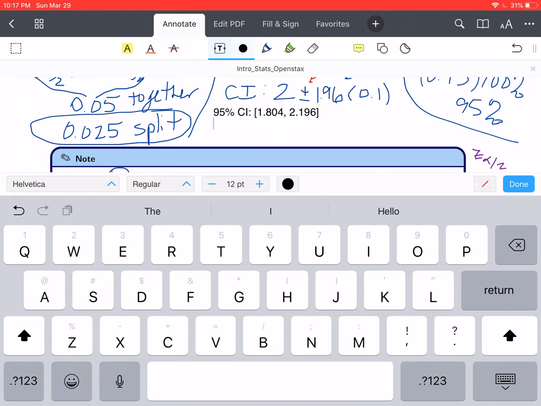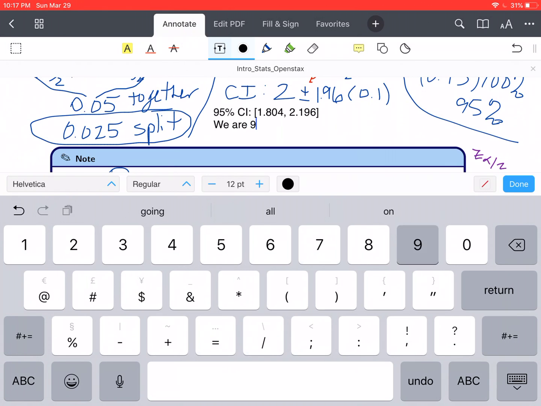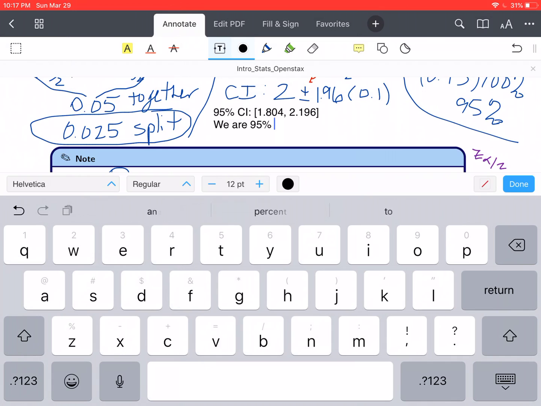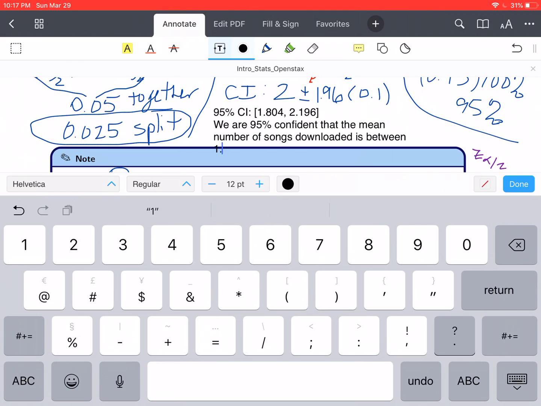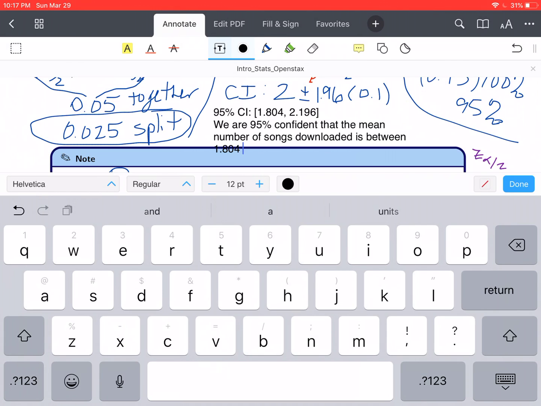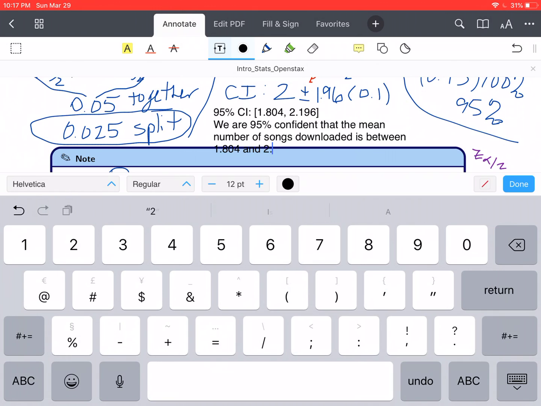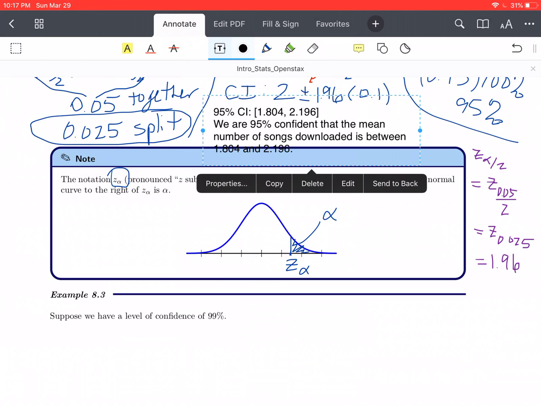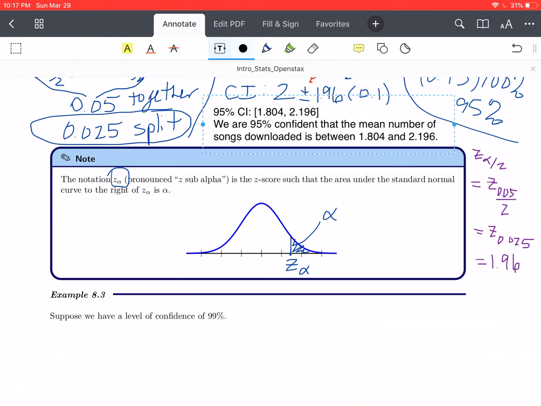So this tells us we are 95% confident that the mean number of songs downloaded is between those two numbers, so between 1.804 and 2.196. There we go.